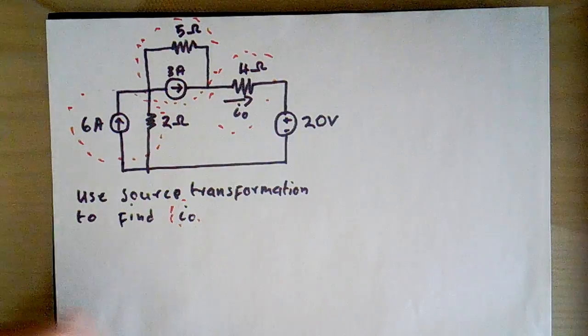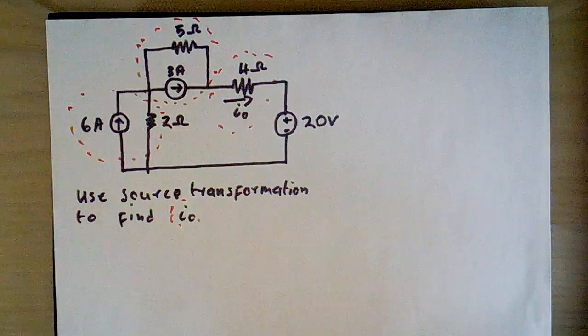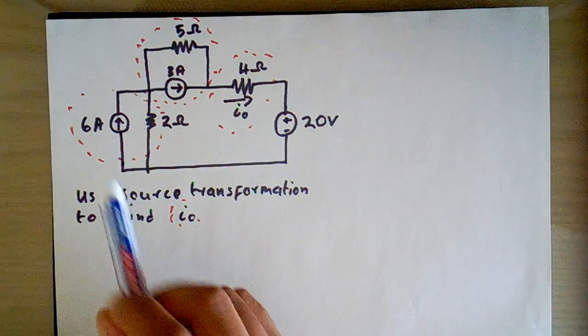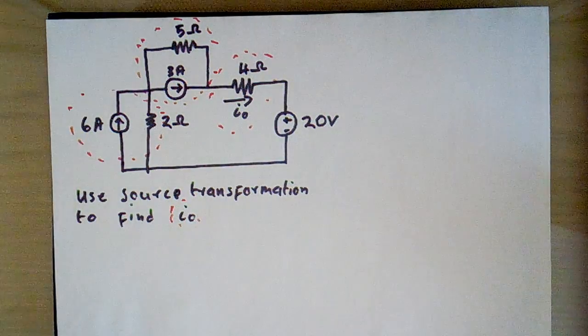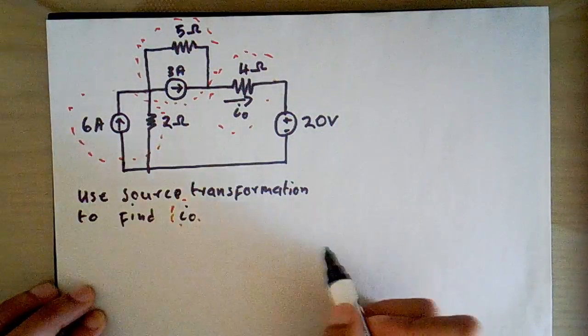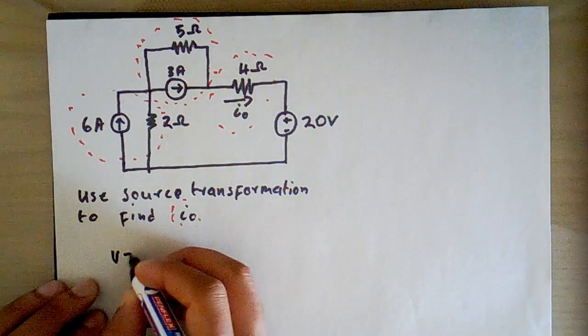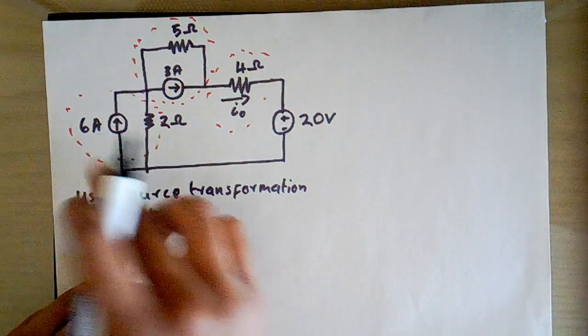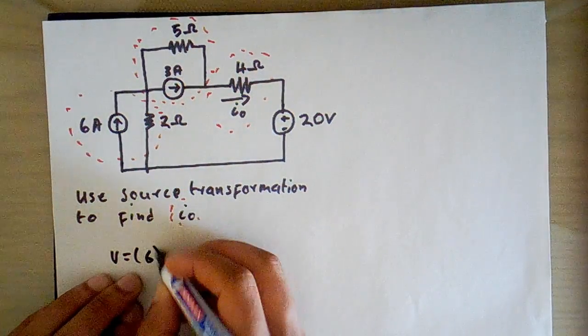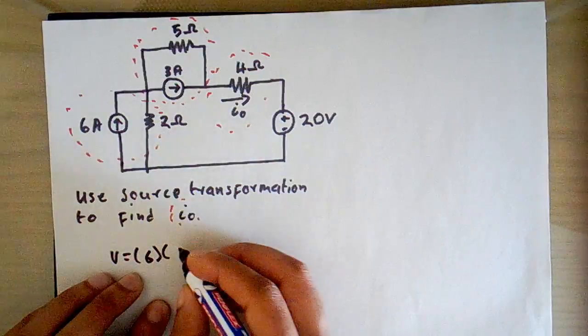So we can transform the current sources, 6 ampere and 3 ampere, into voltage sources. To do that, you multiply the current, 6 ampere, by the resistor, 2 ohm.